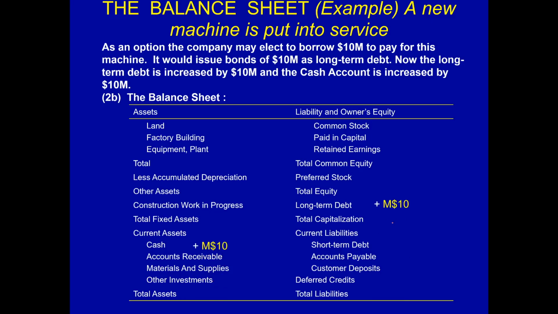Because they have paid, the cash is not there now, they want to increase the cash, and the $10 million can be raised by long-term debt. So we have increased the debt here on the right hand side, the liability has increased, and on the left side also the cash has been infused.